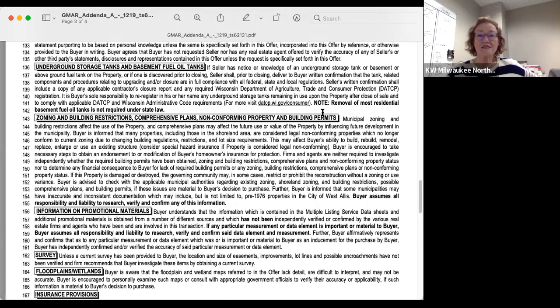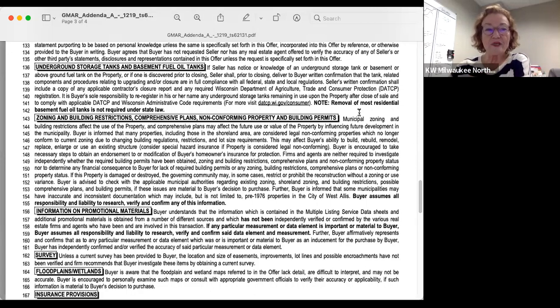If buyer has notice or knowledge of an underground storage tank or basement or above ground fuel tank on the property, or if one is discovered prior to closing, seller shall, prior to closing, deliver to buyer written confirmation that the tank, related components, and procedures relating to the upgrading and or closure are in full compliance with federal, state, and local regulations.